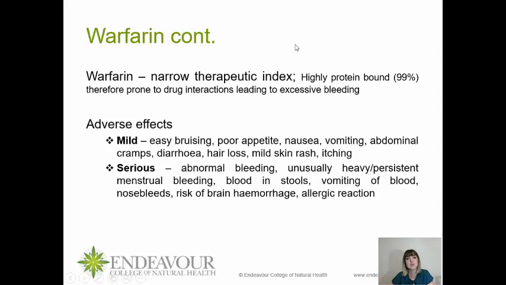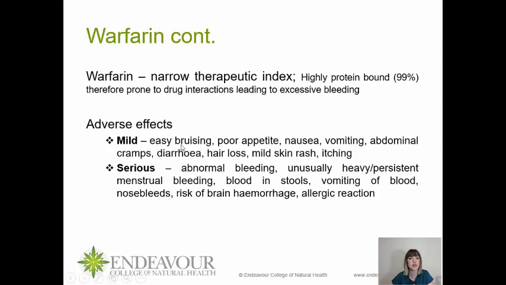So you need to get the dose exactly right, and any drugs that disrupt the level of warfarin by competing for protein binding or disrupting its metabolism are going to then potentially lead to adverse effects with warfarin or stop warfarin from working.